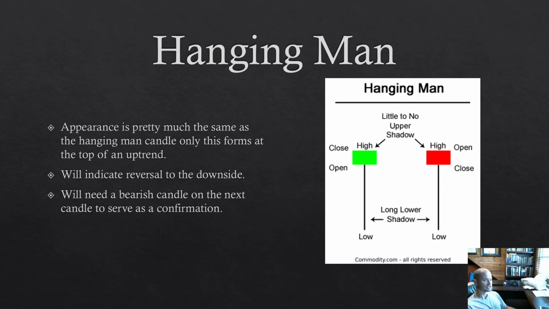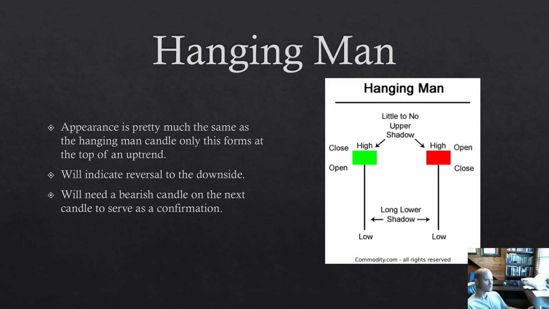So it's signaling a reversal to the downside. Some people might ask, why would this indicate a bearish reversal after the price was pushed all the way back up here? Because we just talked about that on the hammer. Yes, the lower shadow does indicate that the bulls still have some control. I'll admit that.